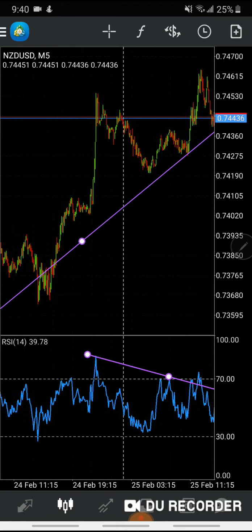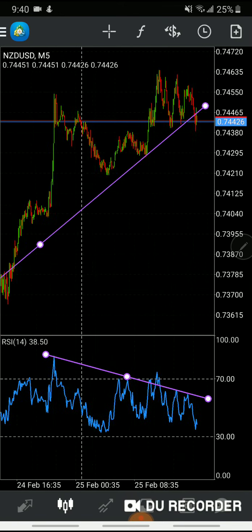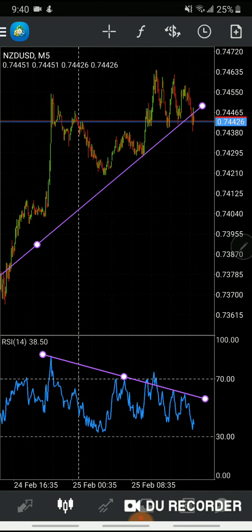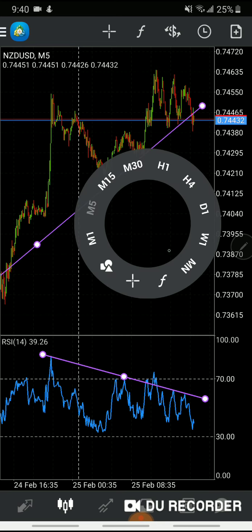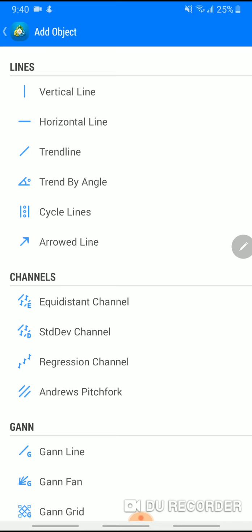Yes, you sure can apply divergence to your trading strategy. So as you can see, the indicator is pointing. Let me see if I can get an arrow.